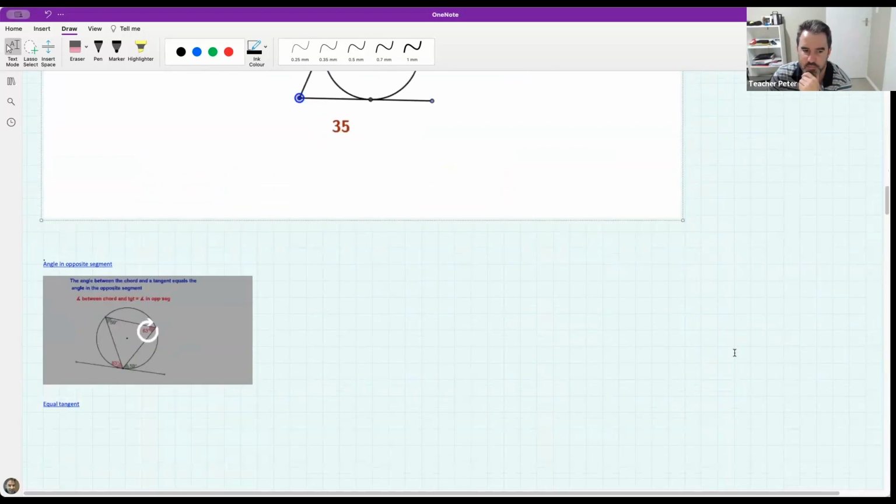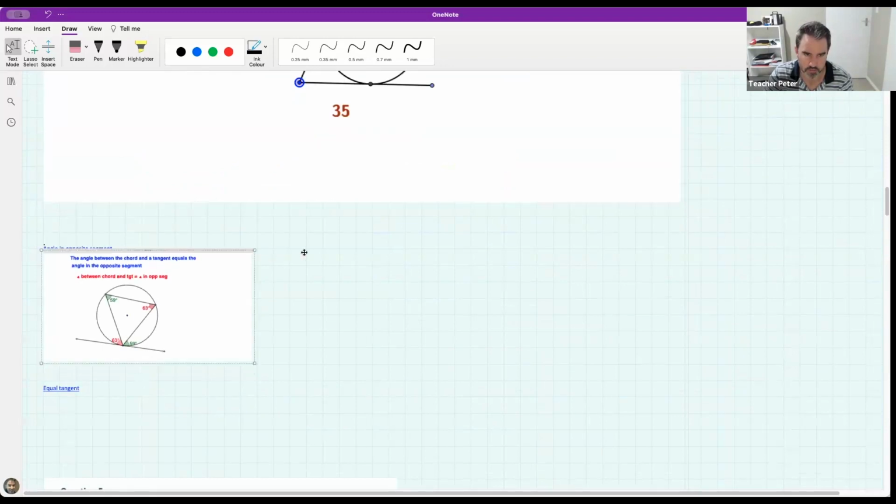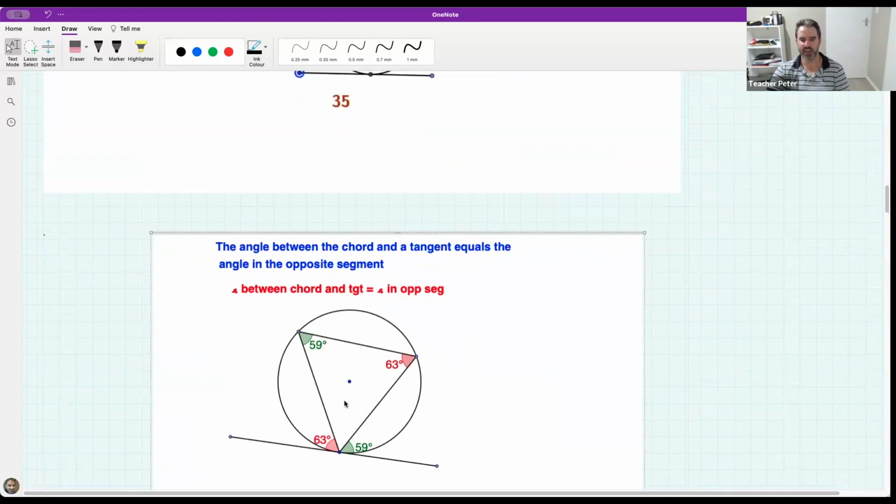And then the last theorem to do with tangents, in terms of the main theorems, is sometimes called the Windsurfer theorem. Let's just have a look at what that looks like. So we have a tangent, and then we have a chord that connects to the tangent.